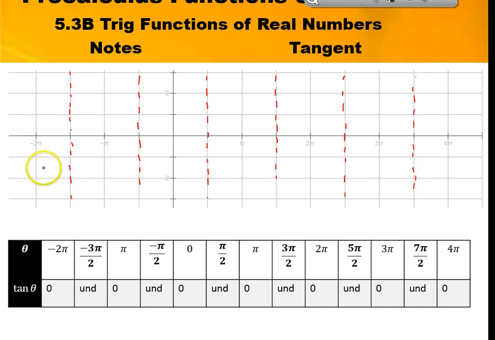So tangent looks like this, roughly. It looks a little like the cubic function, and it just keeps repeating. So it's going to look like this. Really like that.